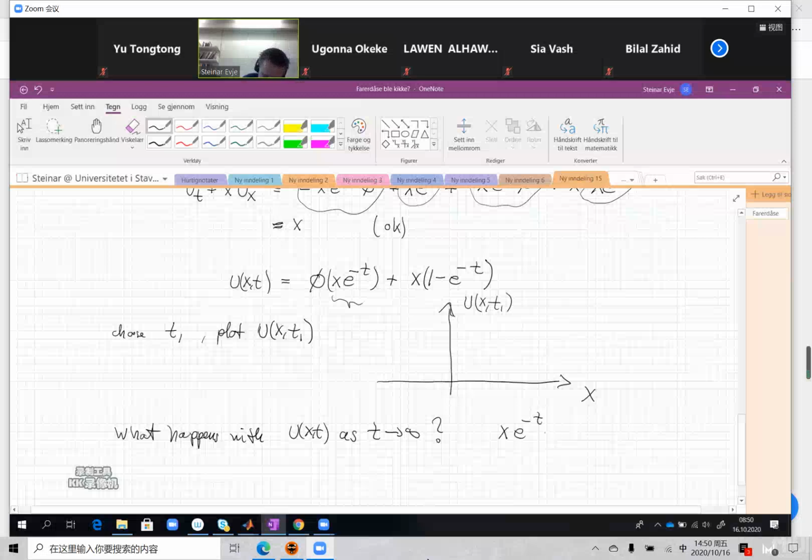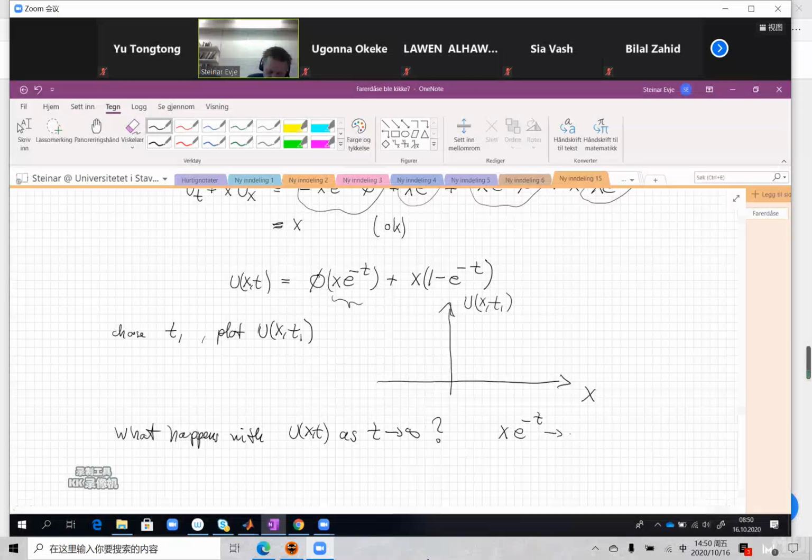What will be the limit of this as t goes to infinity for any x? Well, this will converge towards 0. So that will give us 0.